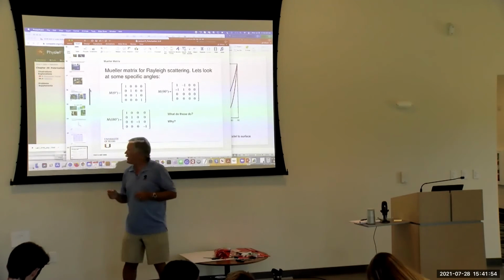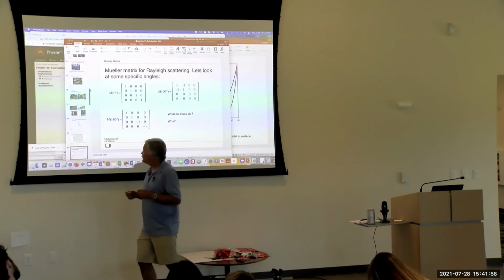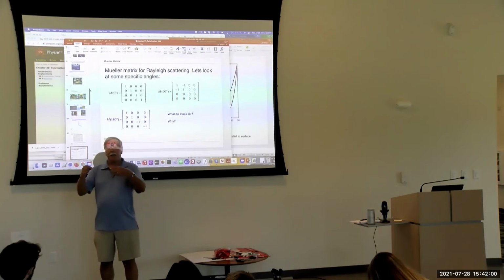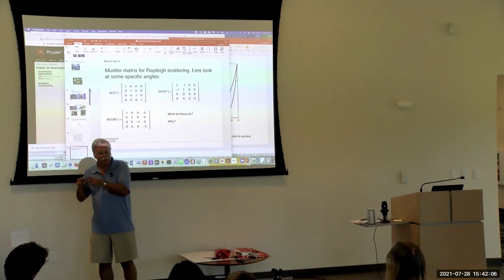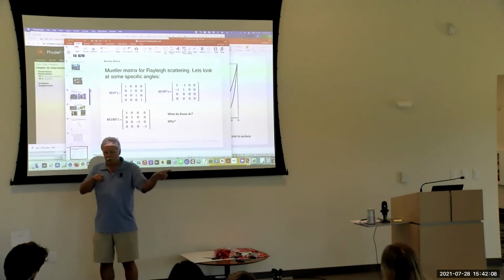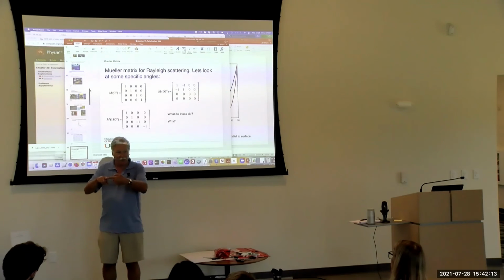If you look at any other angle, let's go back, I don't have it written generally. Say light comes in like this and you scatter off in that direction, and it's polarized in this direction. There is a projection of the light in that plane, and if you think about it, the projection is the cosine of the scattering angle.